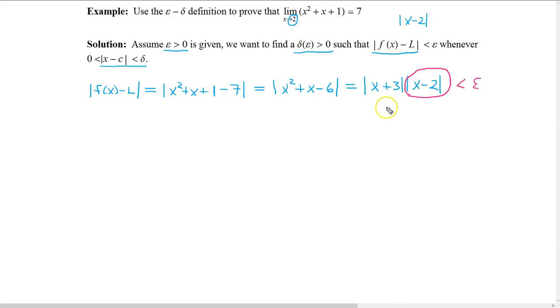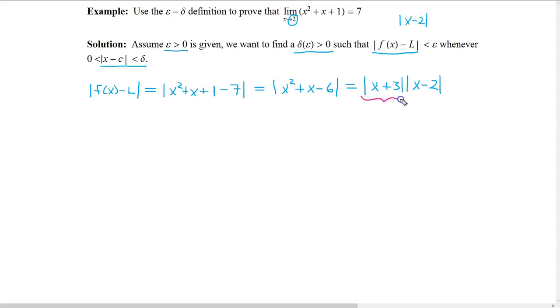If you recall for the linear proofs, we ended up with a number, like a 4, and then we just divided it to the other side, and we said delta was epsilon over 4. But we can't do that in this case, because it's not a number, it's a function of x. So we're going to have to do a little more manipulation here.